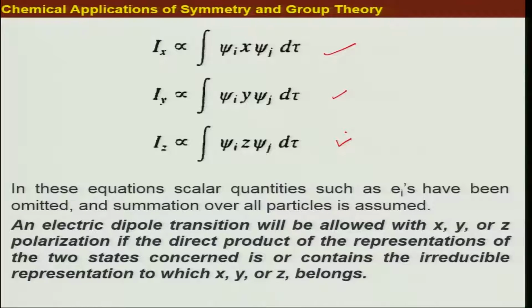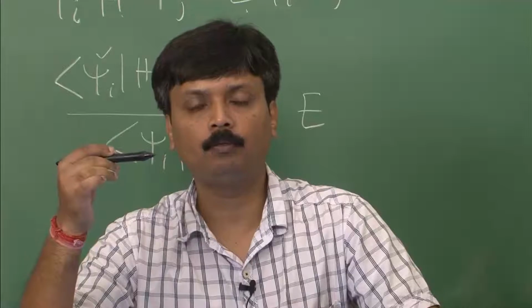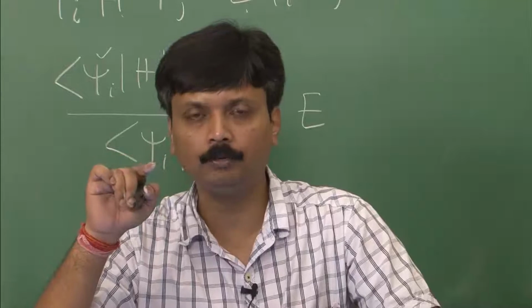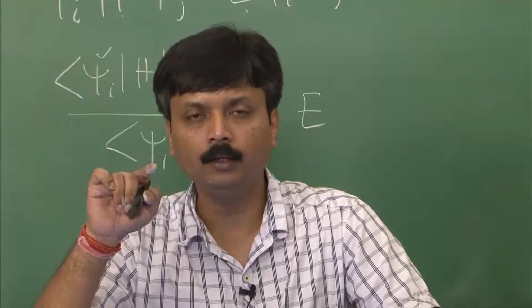Now, one thing you notice here is that we are not using the charge values here, because that is a constant and does not change the value of the integral, right. So that will be just a multiplication after you solve the integral. Now if one or more integrals survive, then we say that the transition from psi I to psi j is allowed, and is allowed in those particular directions.